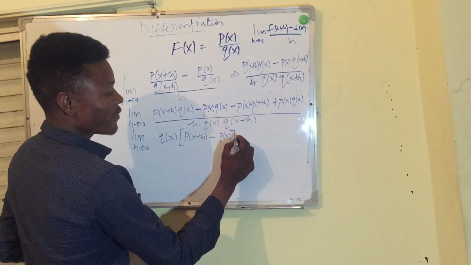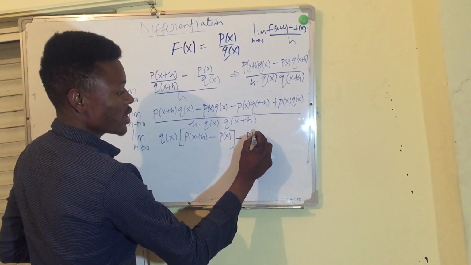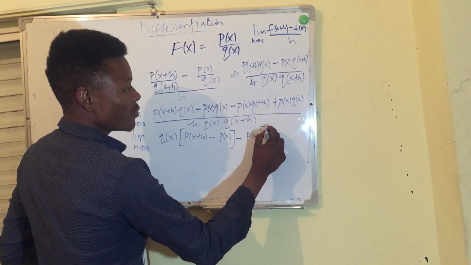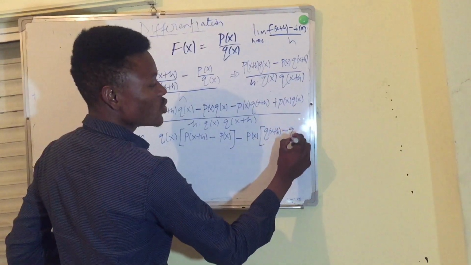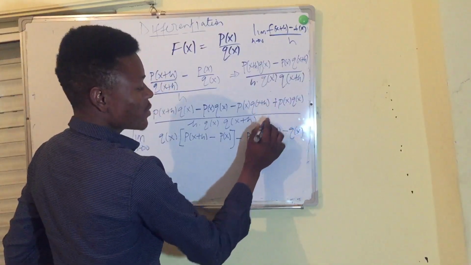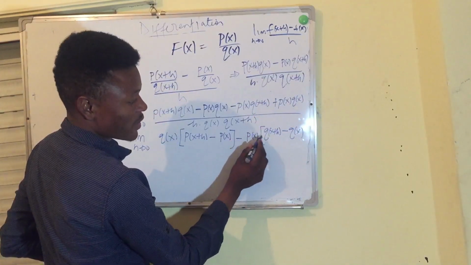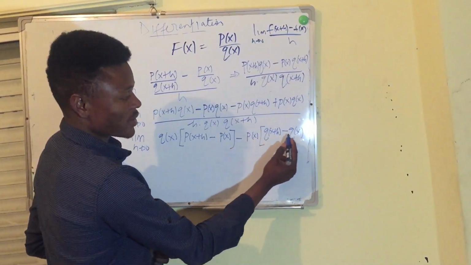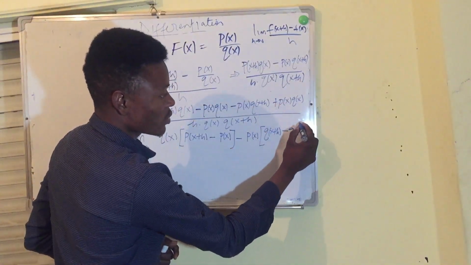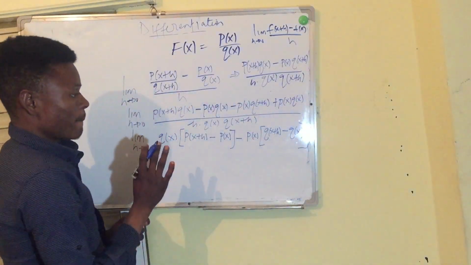Ana kuma idan muka factor in negative p of x waje, a ciki muna da q of x plus h minus q of x. Why? Saboda nan plus ne, amma still idan wannan muka expanding din shi, nan din zai zama positive din, minus p of x times this zai zama plus p of x. So this is very good.